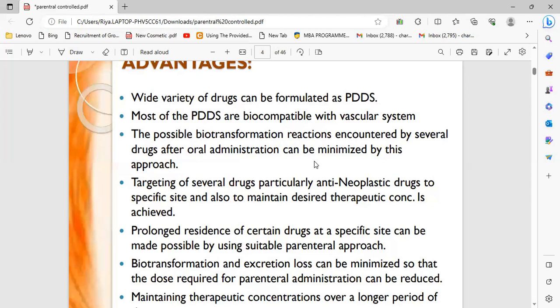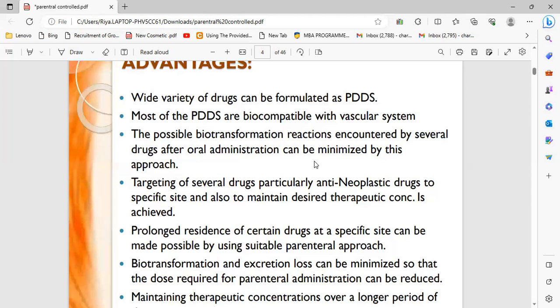Next, targeting of several drugs, particularly anti-neoplastic drugs, to the specific site and also maintaining the desired therapeutic concentration is achieved. In case of normal oral drug delivery systems and other drug delivery systems, targeting to a particular site is very difficult, because absorption itself is a very difficult process in oral drug delivery, and we have lots of limiting steps while absorbing the drug into the systemic circulation.